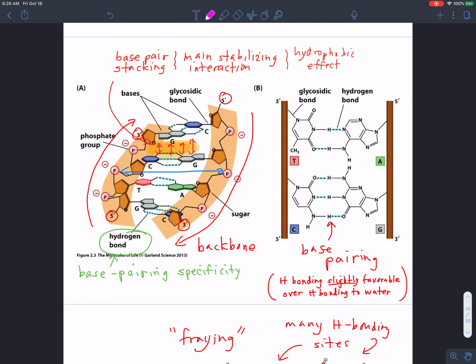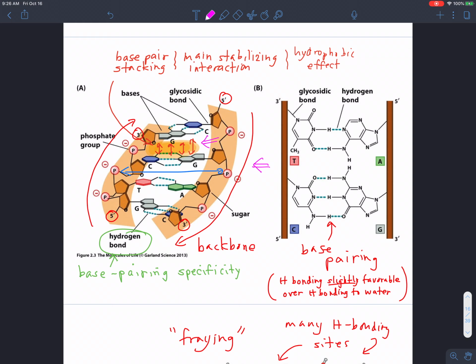And that sequence specificity is pretty much entirely due to these hydrogen bonds. On the other hand, the hydrogen bonds don't contribute very much to the stability or to the binding of one DNA strand to another. The thing that actually drives thermodynamically the binding itself are the stacking interactions, which is a type of hydrophobic effect.